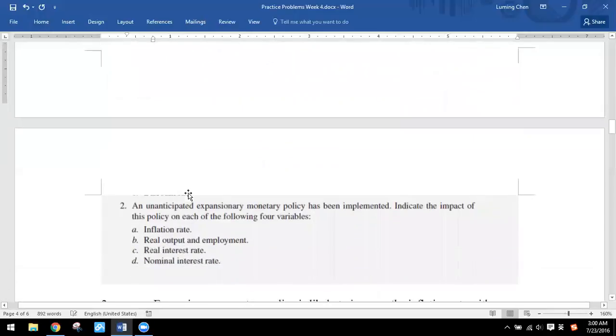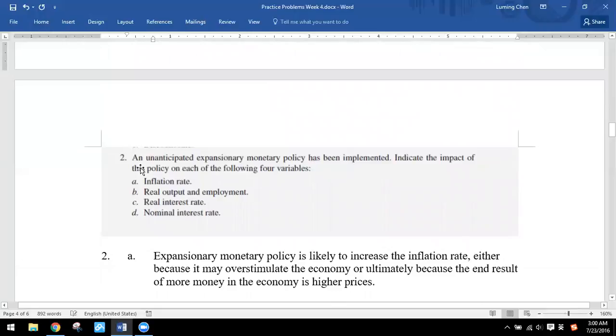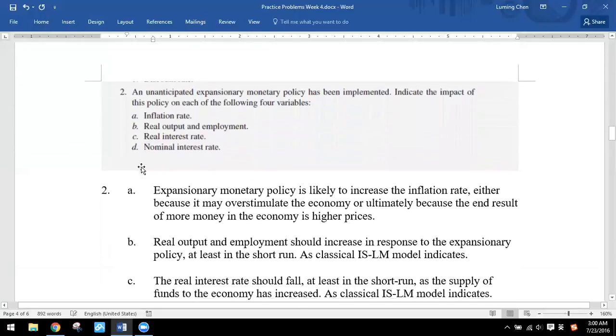Next, CFA problems. Number 2, an anticipated expansionary monetary policy has been implemented. Indicate the impact of this policy on each of the following 4 variables. A. Inflation rate. Expansionary monetary policy will surely increase the inflation.